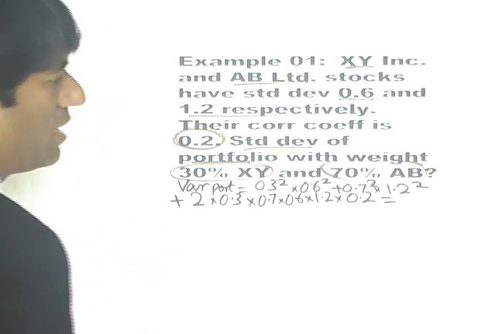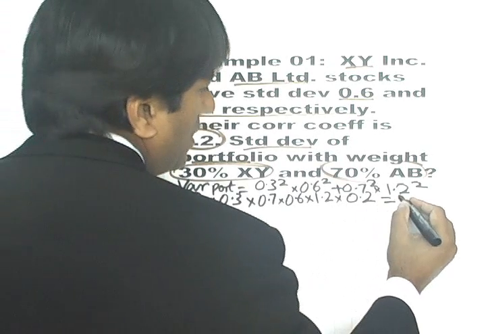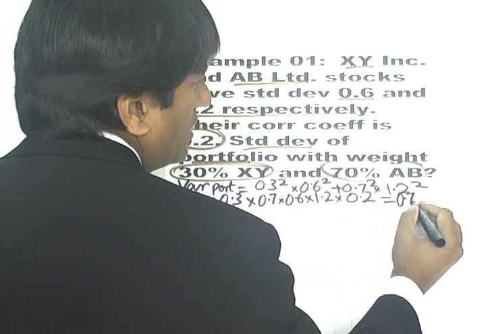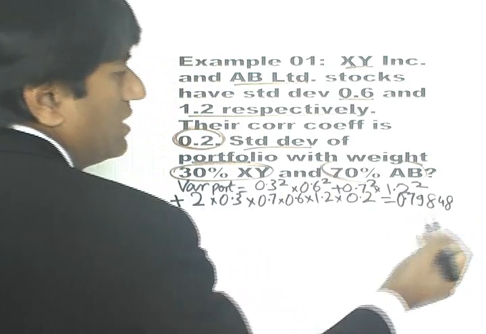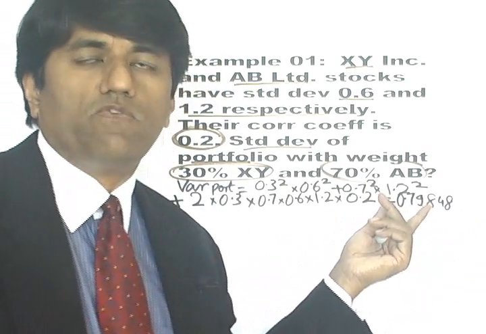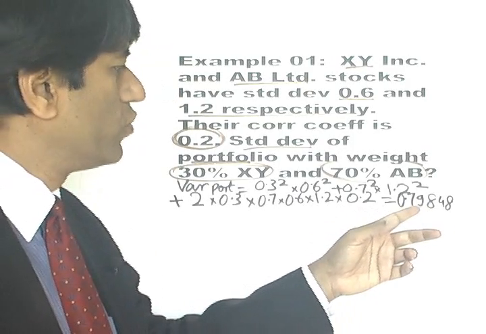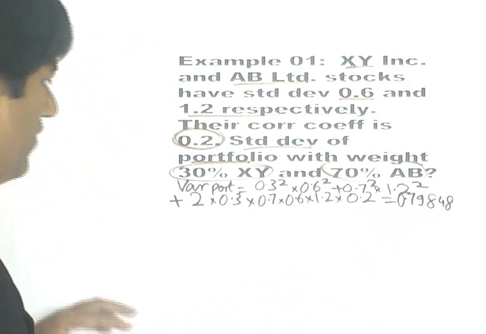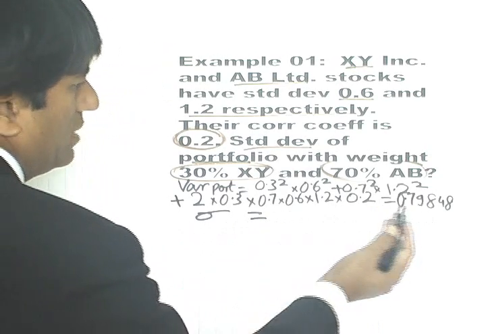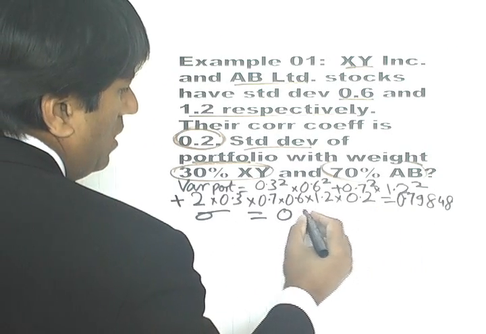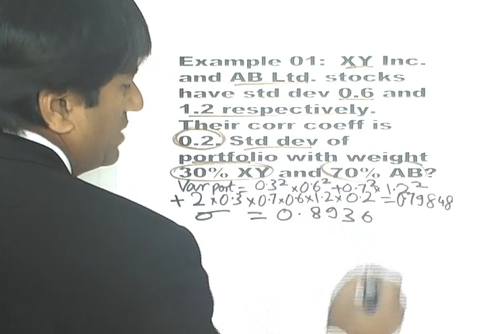And this turns out to be equal to 0.79848. So this is the variance of the portfolio. To find the standard deviation, you are going to take the square root of this variance, and the standard deviation sigma will equal 0.8936.